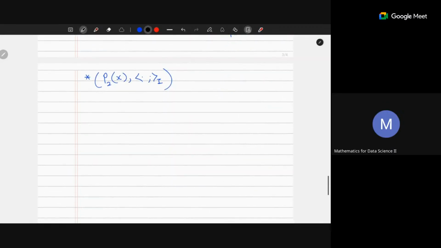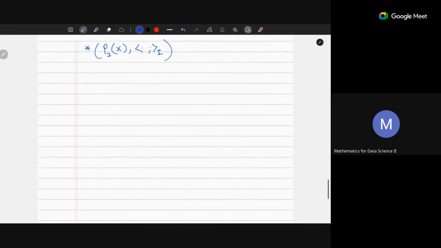Okay, so this P2x, the set of polynomials of maximal degree 2 with the inner product given by the integration. Now let's check whether the above vectors P1 and P2, where P1 was x plus x square and P2 was 4, are orthogonal to each other.